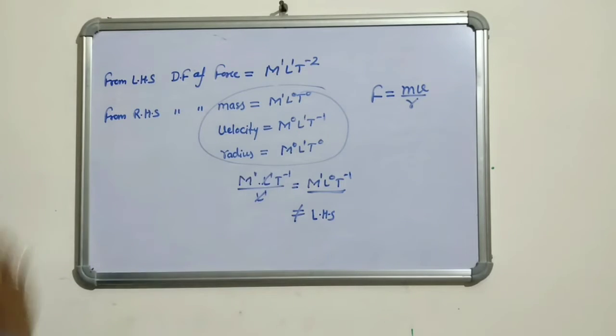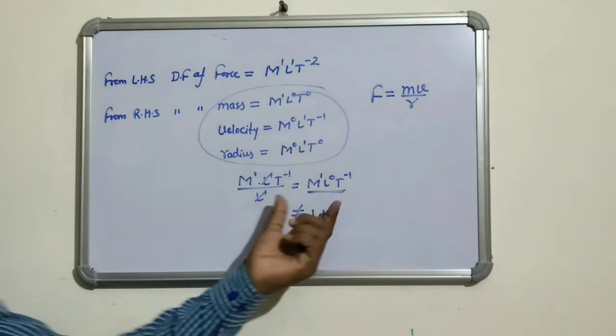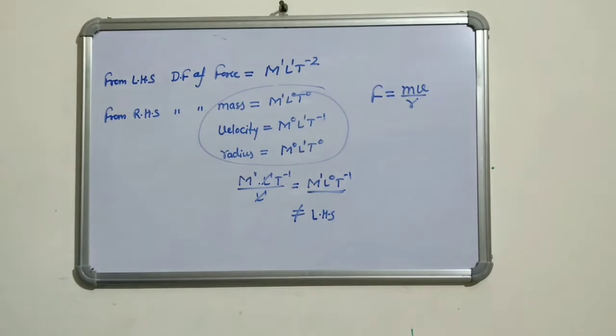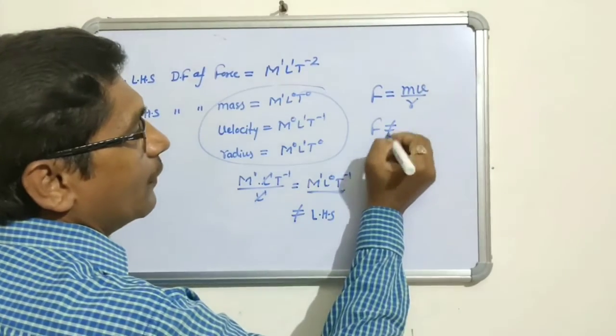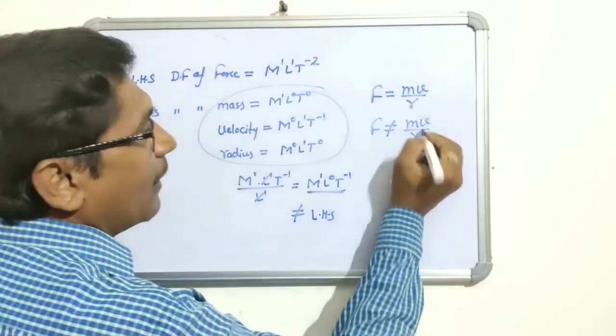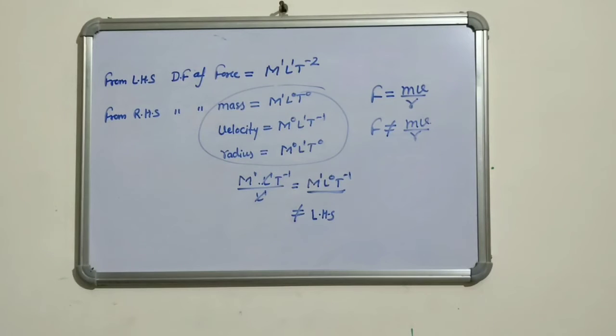We solved the right side term, and it is not equal to the left hand side. That's why we can say F is not equal to mv by r. This formula is wrong.